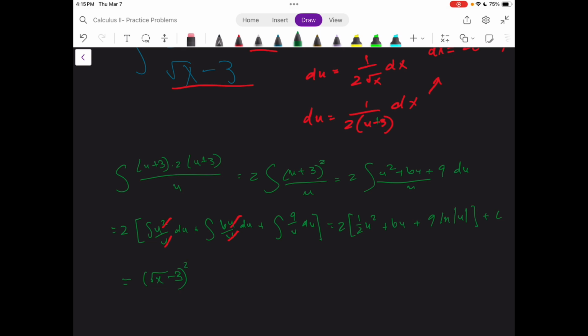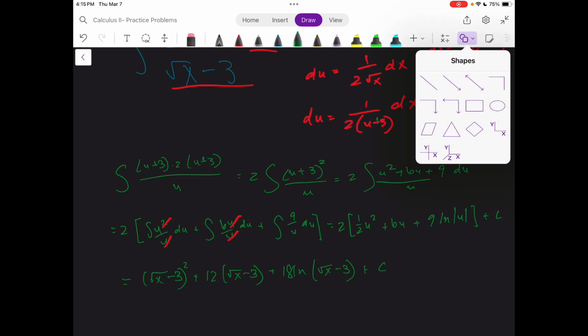So it's square root of x minus 3 squared plus 12 square root of x minus 3 plus 9 natural log of the square root of x minus 3 plus c. And when we distribute the 2 to that 9, we should get 18. Okay. So this is the final answer.